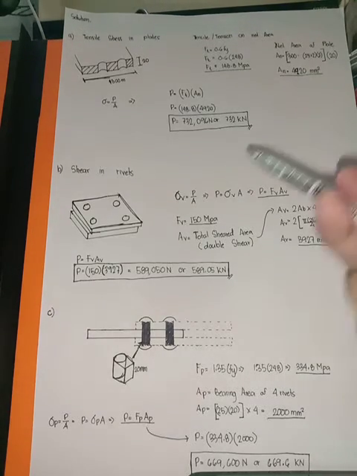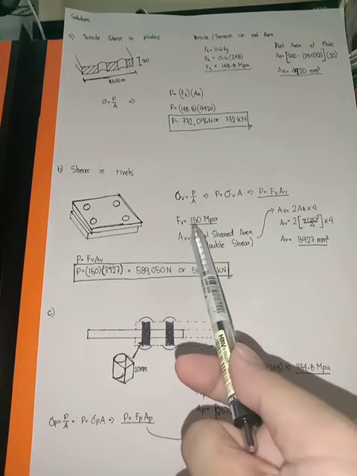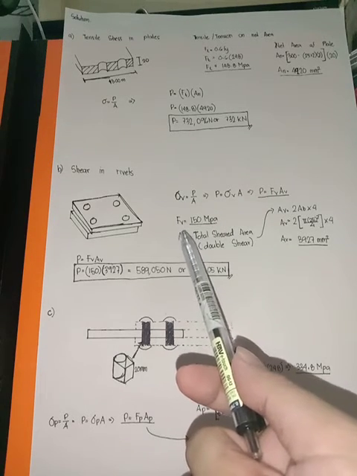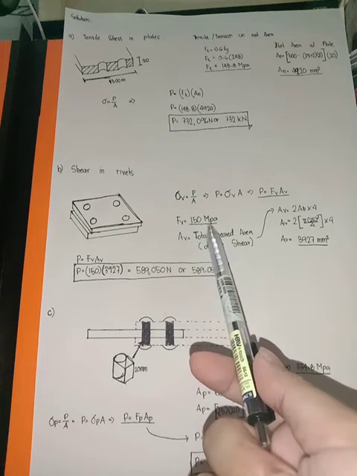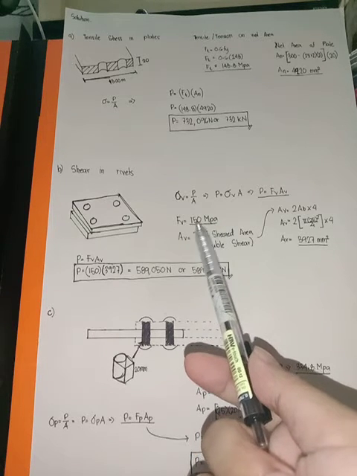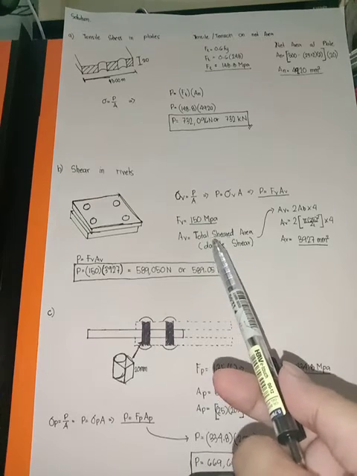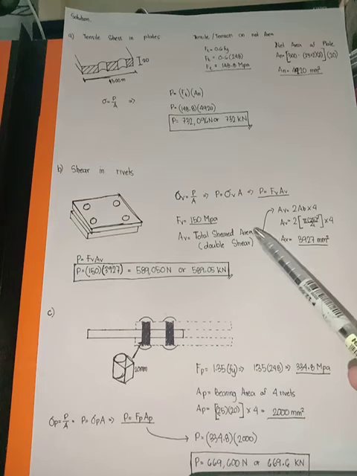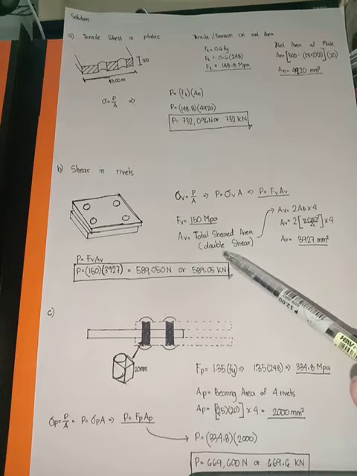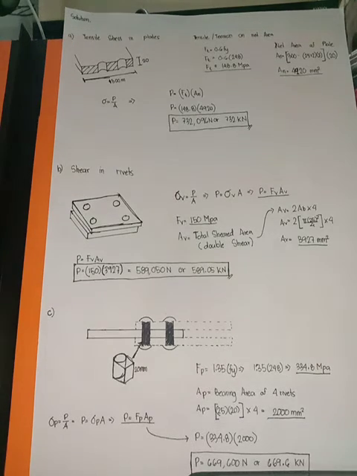So let us get our shear stress, which is given. Our shear is equal to 150 megapascal, given in our problem. Now what we need is the total sheared area. Note that our given plate is double shear, since there are two plates present.